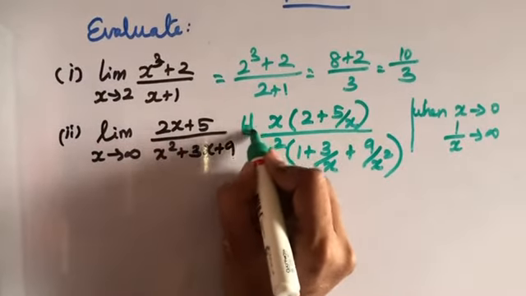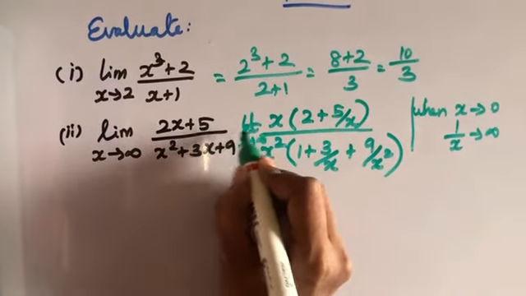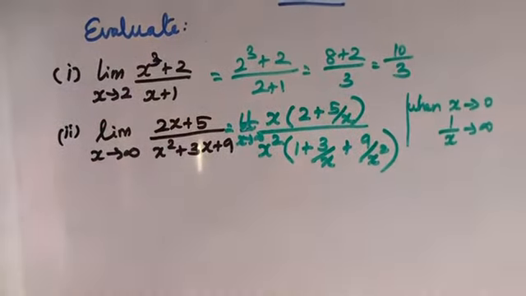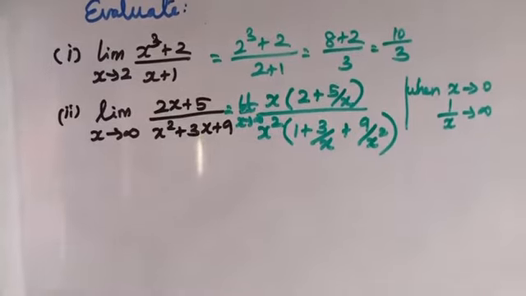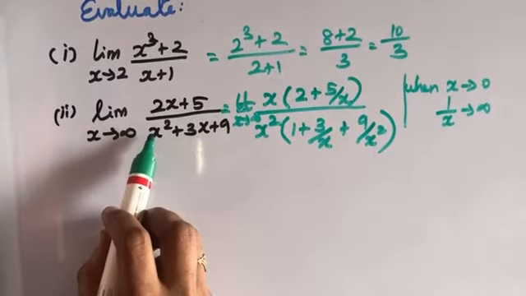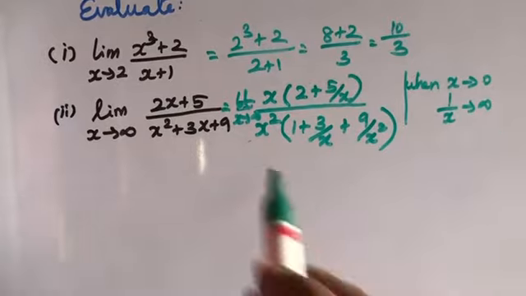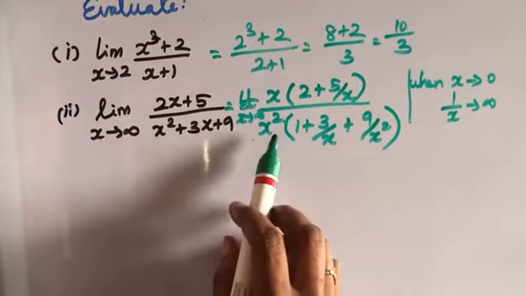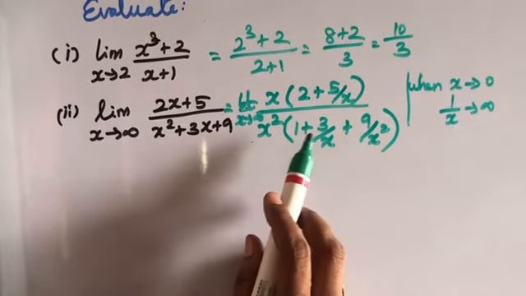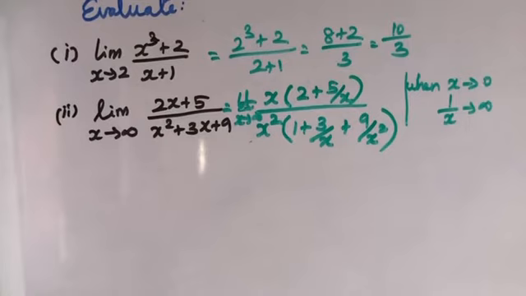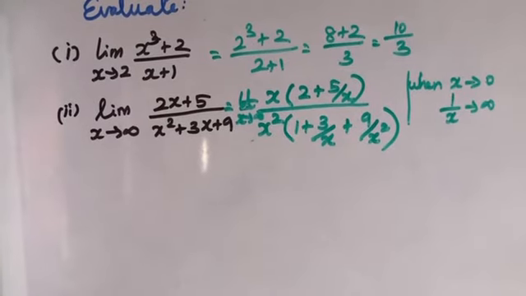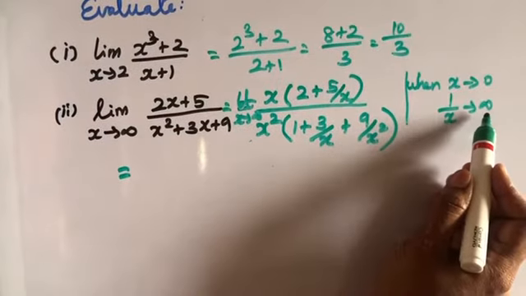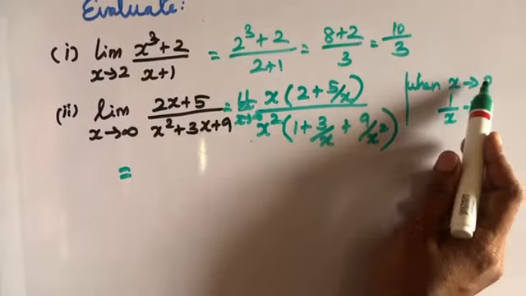So, now the limit is there, x tends to infinity. The function f of x is transformed like this. We have changed it like this. Okay. So, limit x tends to infinity of 2x plus 5 divided by x square plus 3x plus 9 is equal to limit x tends to infinity, x into 2 plus 5 by x divided by x square into 1 plus 3 by x plus 9 by x square. Now, I am going to apply the limit, that is 1 by x tends to 0 if x tends to infinity.